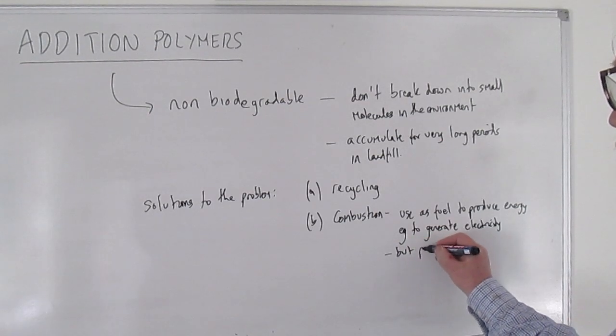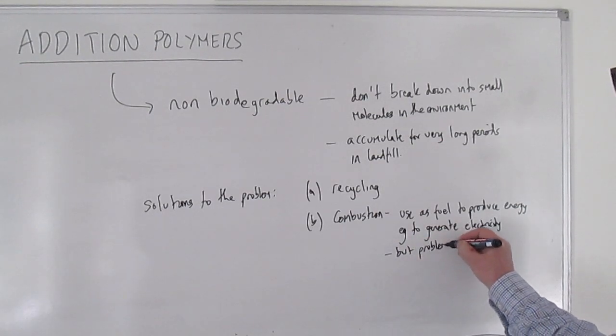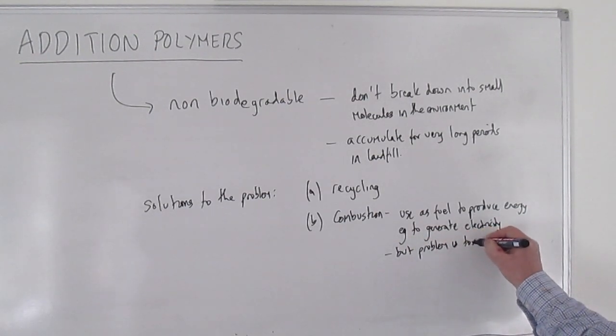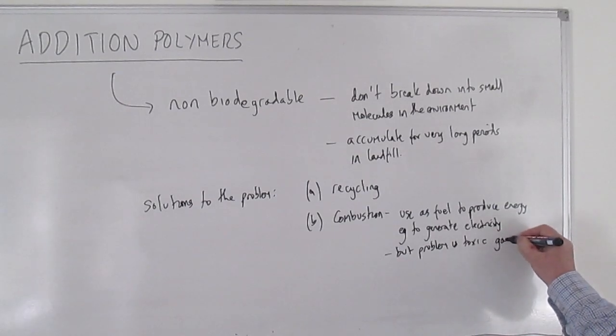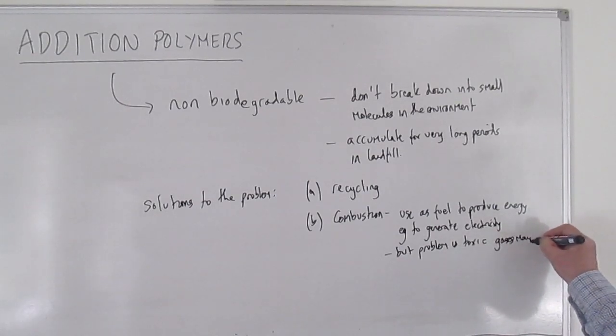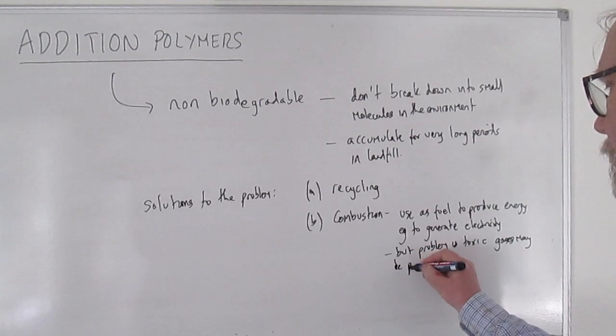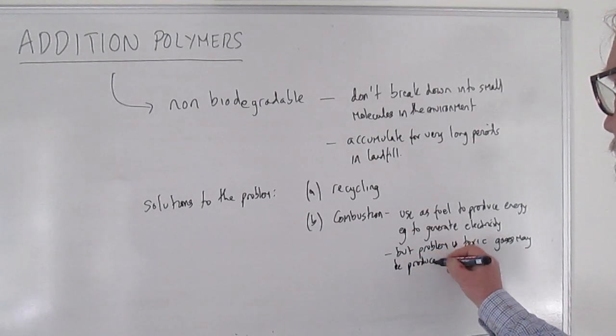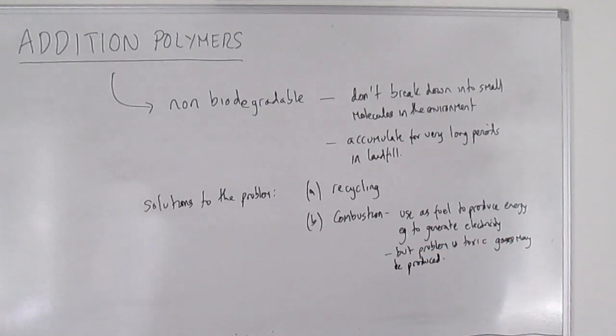But the problem is that toxic gases may be produced. It depends on what your polymer is, but they tend to undergo incomplete combustion, so you get various hydrocarbon products forming, some of which may be toxic.